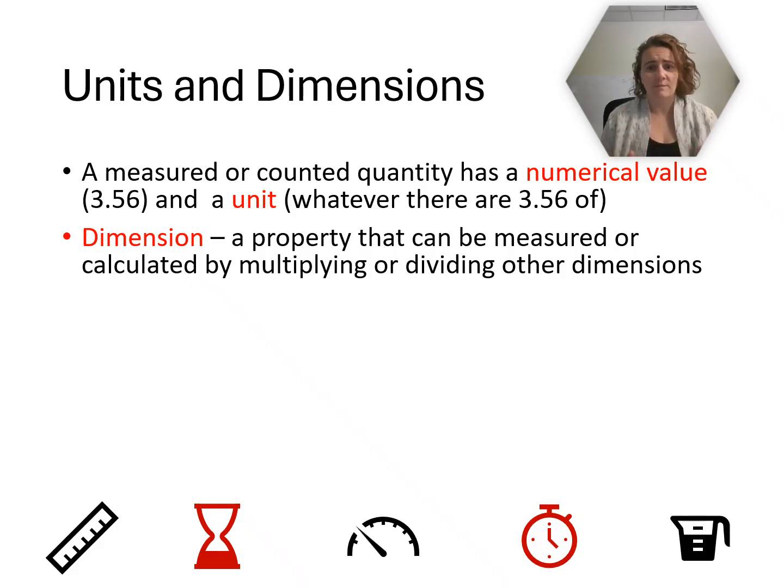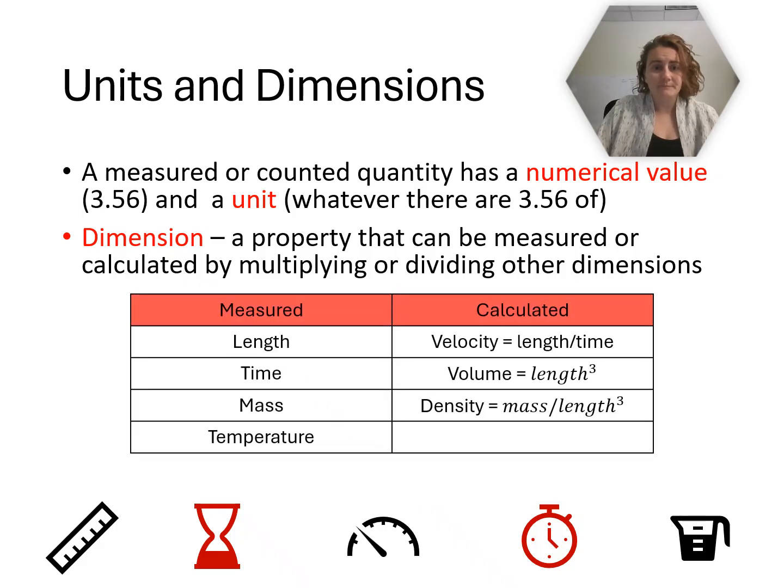I'm sure you've seen units before, but just clarifying this definition. A dimension is a property that can be measured or calculated by multiplying or dividing other dimensions. So slightly different conceptually, but a lot of times they get used interchangeably when it comes to analysis.